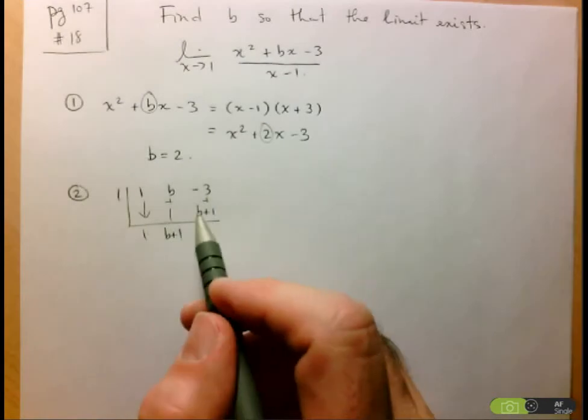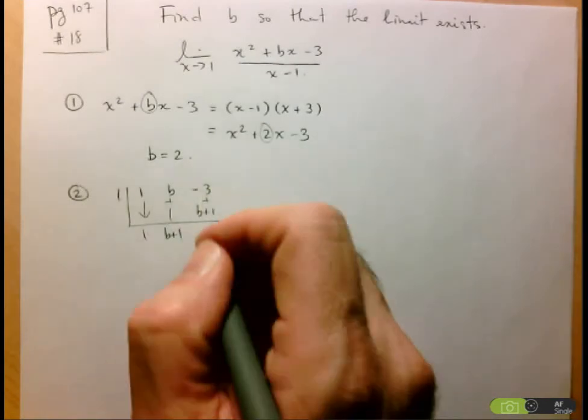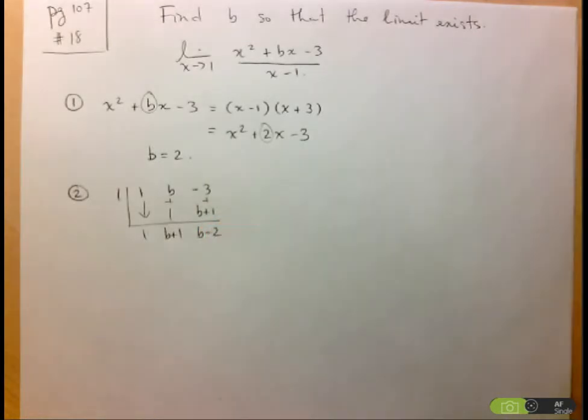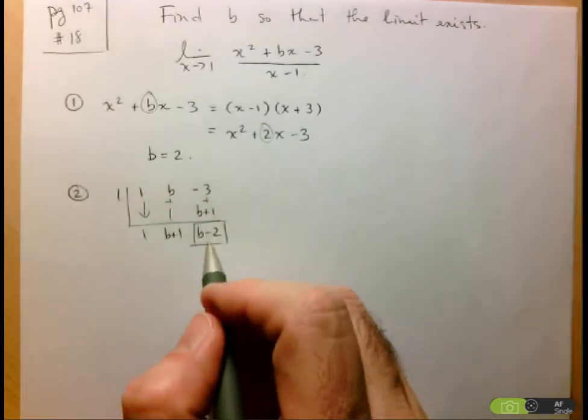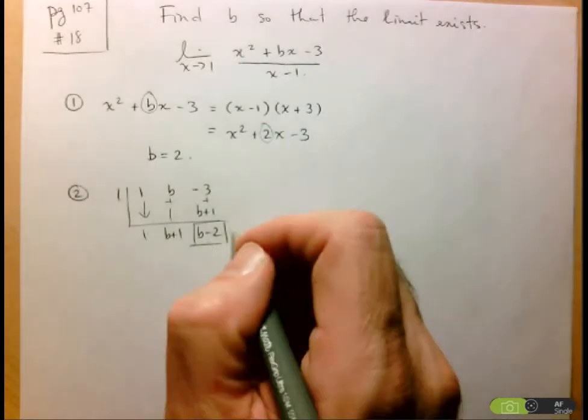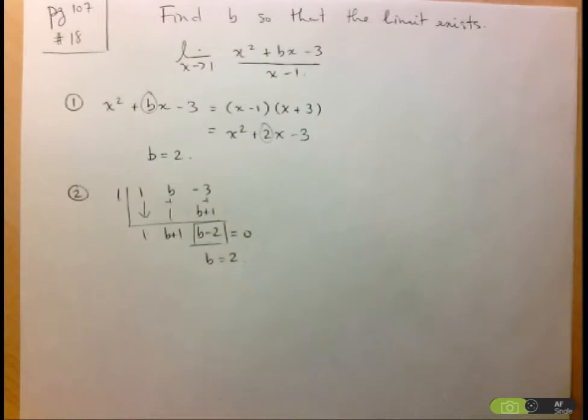Add them up, so I get b plus 1 minus 3, and we end up with b minus 2. In order for x minus 1 to be a perfect factor, this expression, which represents the remainder, must be equal to 0. And so we get the same result. B would have to be equal to 2.